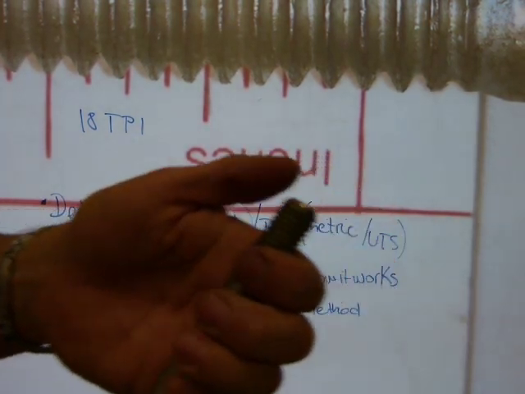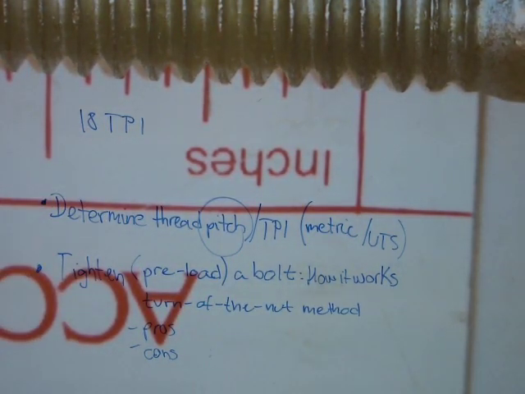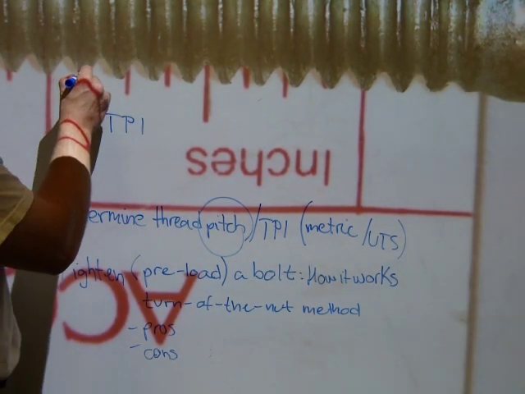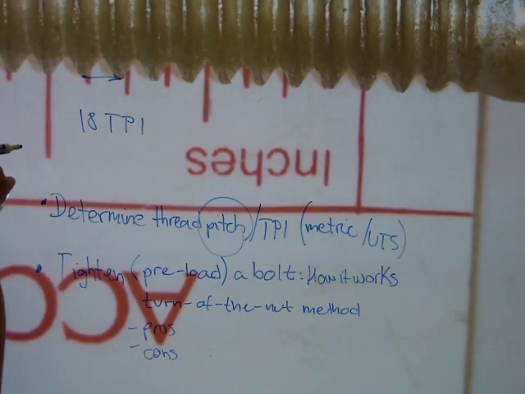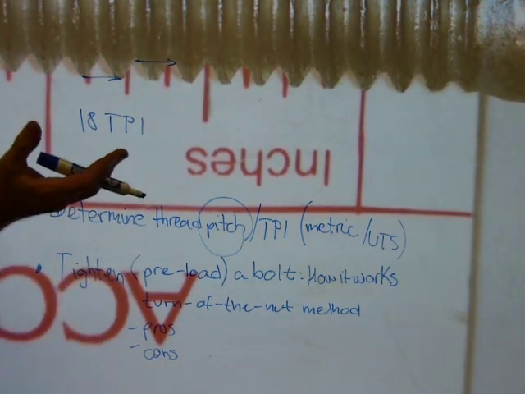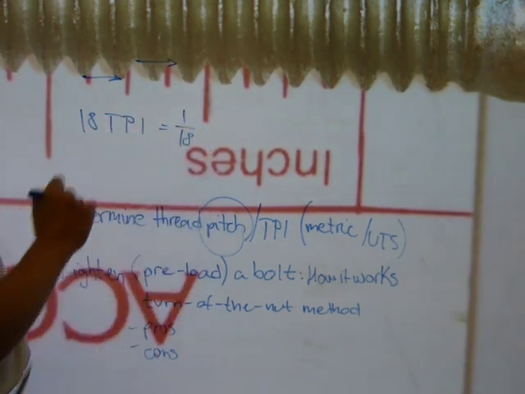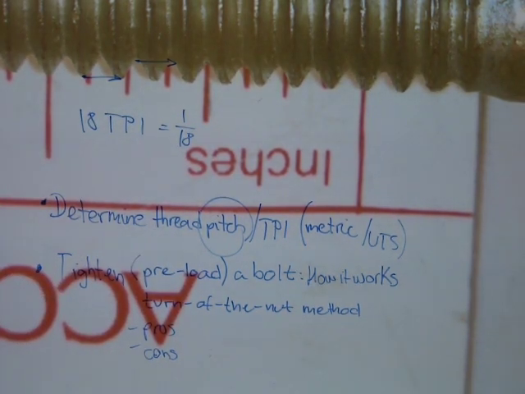So if you counted the number of turns over an inch on the big anchor bolt, you would come up with a number, say 8 TPI or whatever it is. On this one, it is 18 threads per inch, and that also means that the pitch from one crest to another crest, or from one root to another root, same thing, is exactly 1/18 of an inch. It's a fraction, don't worry about it.